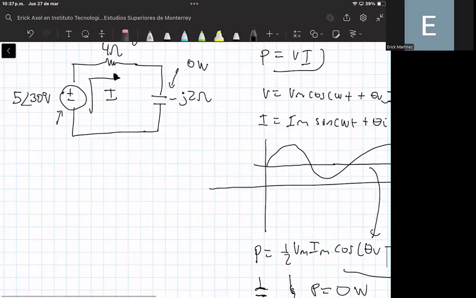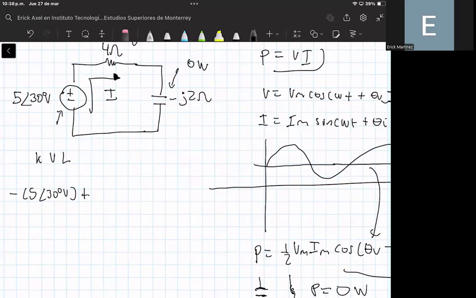Well, we can apply the Kirchhoff voltage law. If I apply the Kirchhoff voltage law to this loop in order to obtain the current that flows in this loop, we can express it as follows: minus 5 with an angle of 30 degrees volts. Remember that since the current is entering through the negative terminal, we are saying that the voltage is negative.